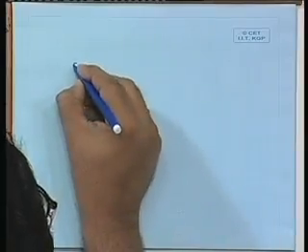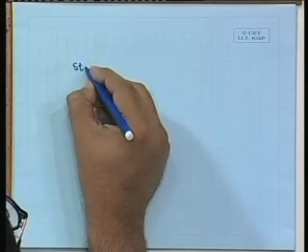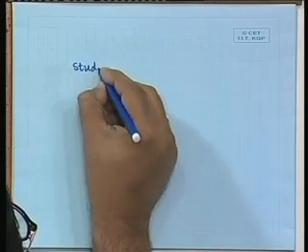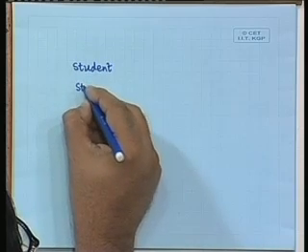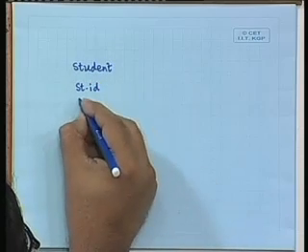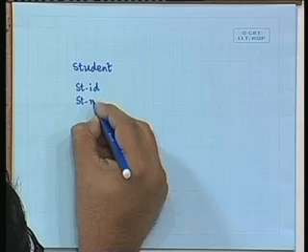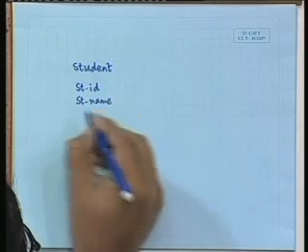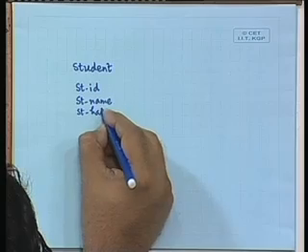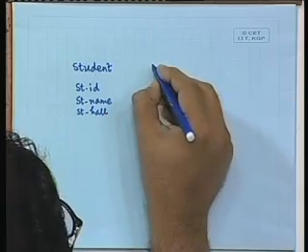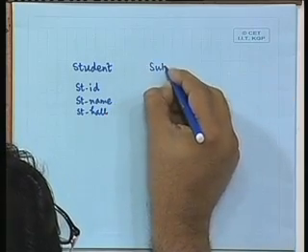See, what exactly I am trying to say is this, that we have a student record. We have a subject record.